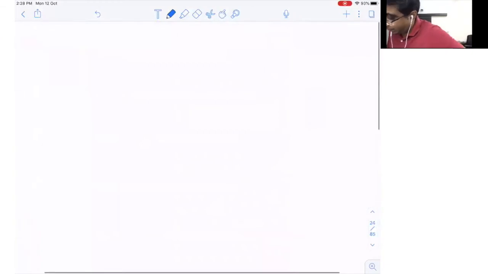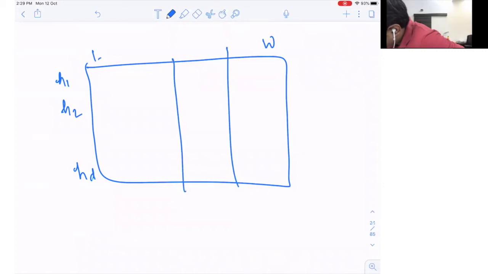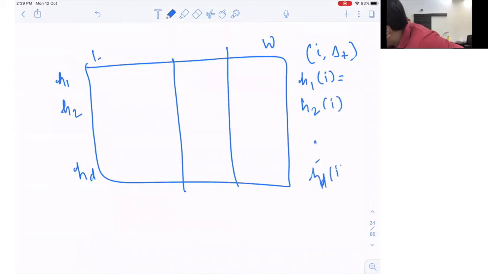So what is happening? If you recall, how does the count data structure work? It has h1, h2, we had d hash functions, and we had 1 to w, right? And so whenever (i, delta t) comes, we look at where h1 of i goes, where h2 of i goes, ... hd of i goes, okay?